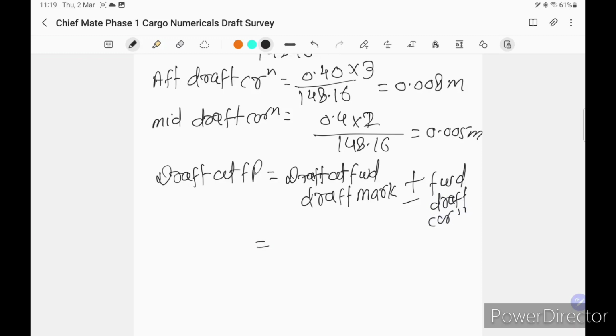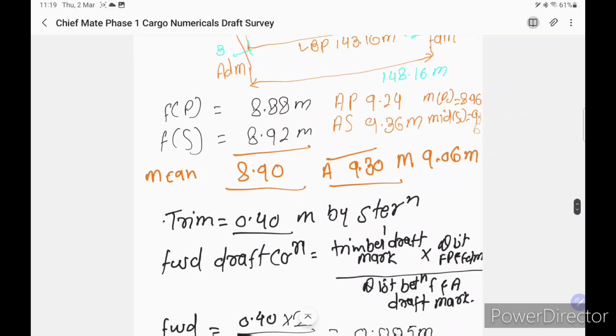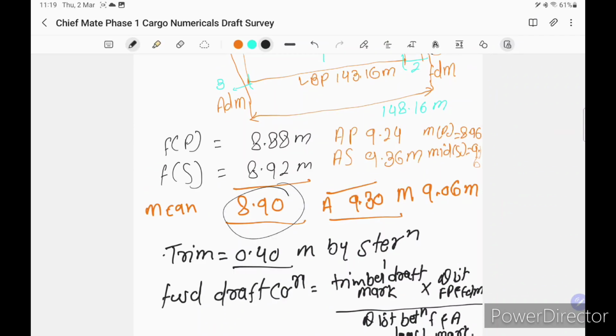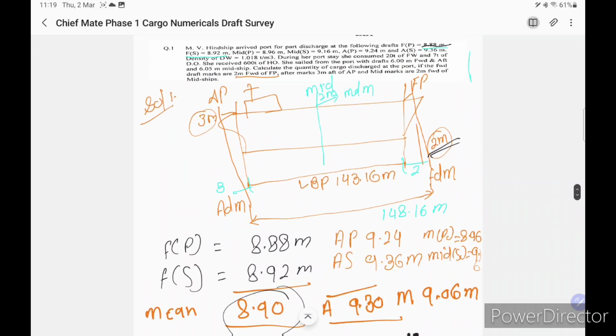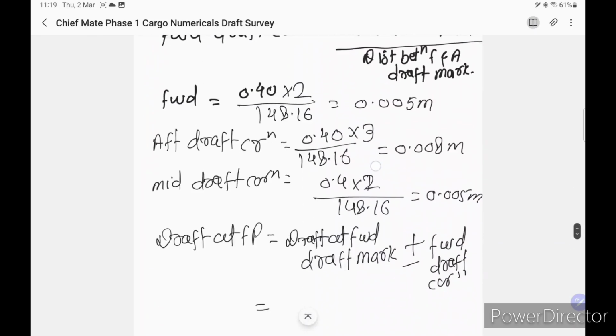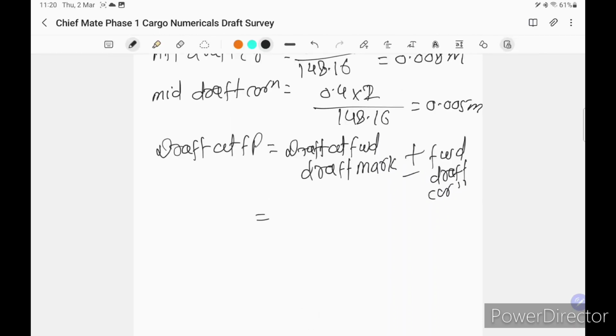So forward draft is 8.90, plus, since it is forward of the forward perpendicular and our trim is by stern, in that case we have the plus.